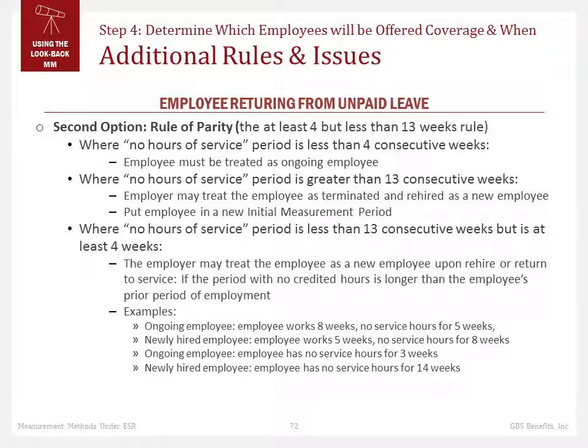Therefore, when they come back, they're going to be considered an ongoing employee. Next example. This is an example of a newly hired employee because the employee worked 5 weeks, but the period of time they were gone was 8 weeks, and 8 is greater than 5, so this employee would be considered newly hired.